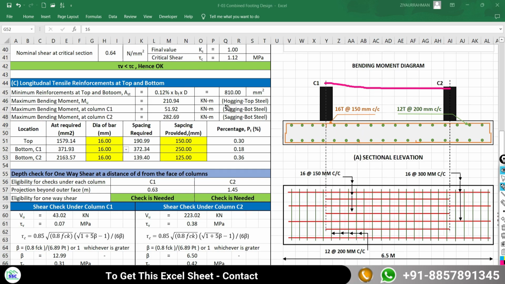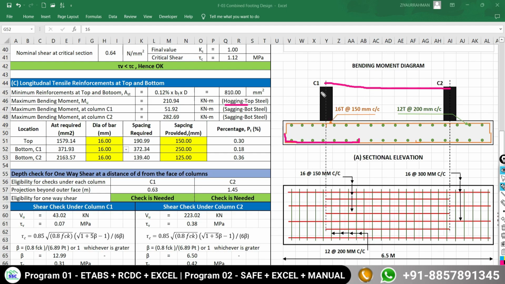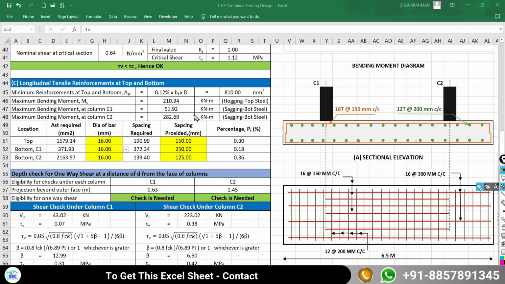Wherever you get a negative or hogging bending moment, reinforcement is needed at the top. Under columns C1 and C2, you are getting a positive sagging bending moment. That's why design tensile reinforcement is needed at the bottom face for both columns C1 and C2. So here the sheet is going to calculate the reinforcement required in respect of these bending moments.